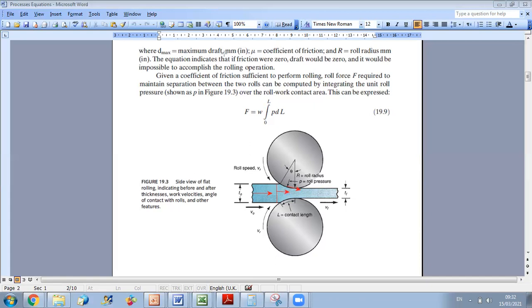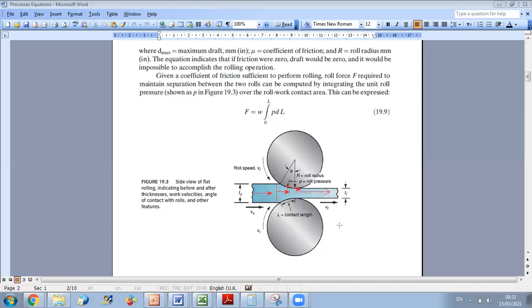So the contact point in this case, let's say here, for example, at this level, we can say that I have a neutral point where the velocity of the work will be equal to the velocity of the roller. After this point, I will have velocity of the work part higher than velocity of the roller, which will contribute to forward motion, and the final velocity will be Vf.